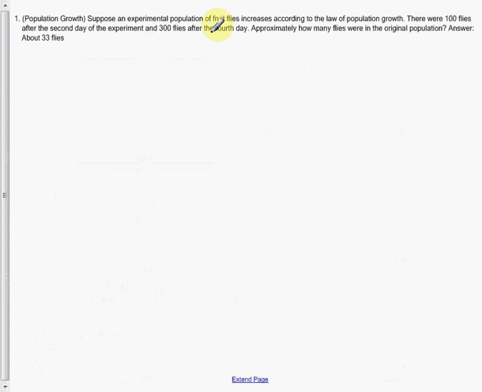If we're talking about population, dP with respect to time, dt, is equal to some constant times the population at present time. So P becomes a function of time.